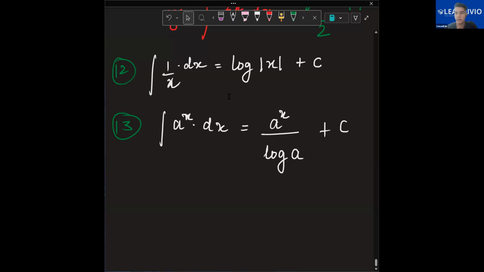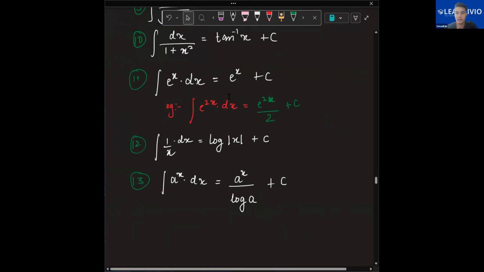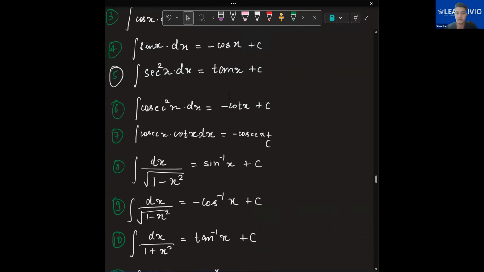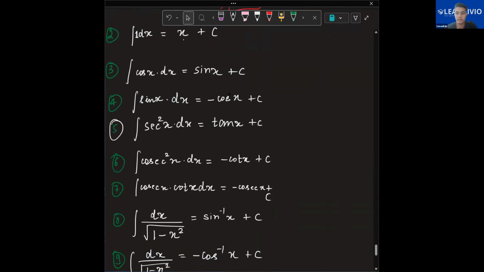any doubt? Just take few minutes and revise these formulas. Take 1 or 2 minutes and revise all these formulas because we are going to use these formulas in the questions.